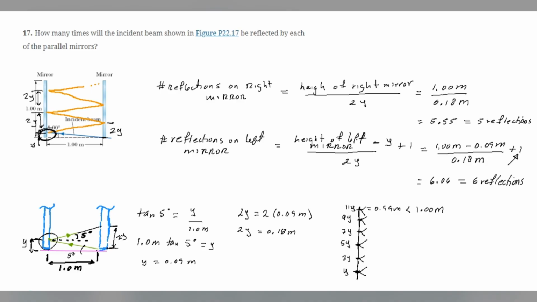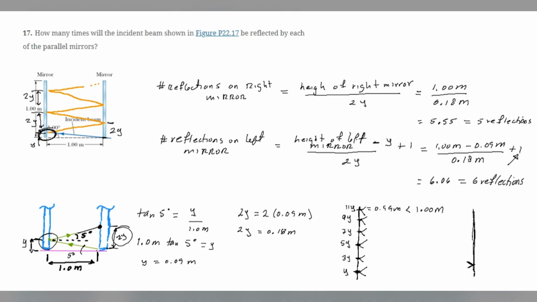Now, when you go over to the right mirror, you know that your first reflection is going to occur at 2y from the bottom of the right mirror. Look at this point, this is where the first reflection on the right mirror occurred, at 2y from the bottom.